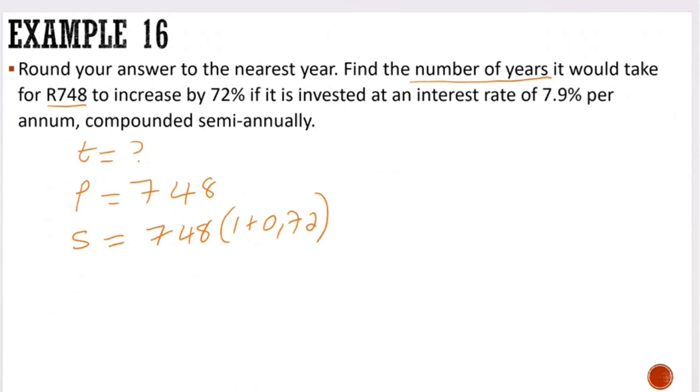If you don't like this, you can say 748 multiplied by 72%, and then take that value and add it to 748. That's what we are saying here: 748 plus 748 multiplied by 0.72. So the accumulated amount there is going to be 1286.